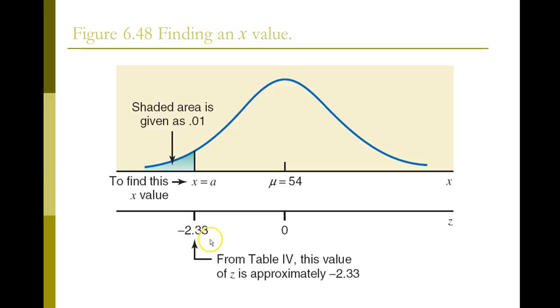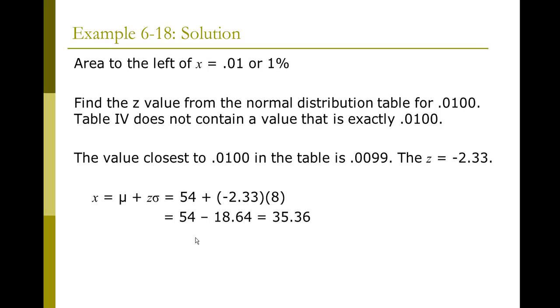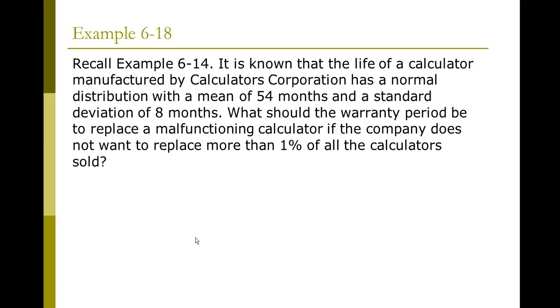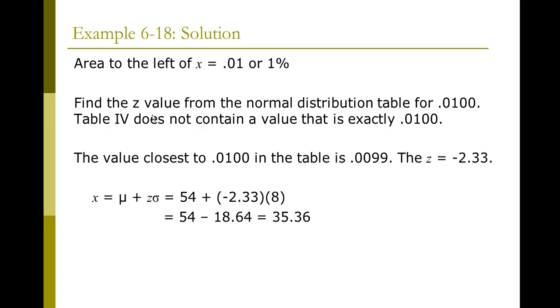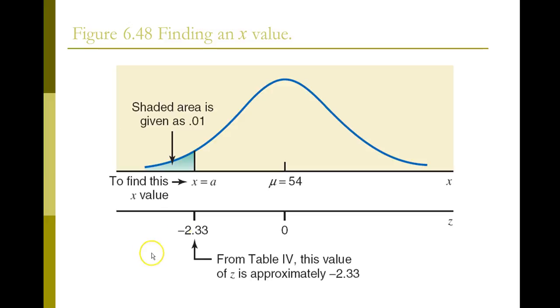This means the number of standard deviations below 54, or below 0. So it's minus 2.33 standard deviations, and we have to remember what the standard deviation was, and it was given somewhere. It was given as 8, so we want minus 2.33 times 8 months.